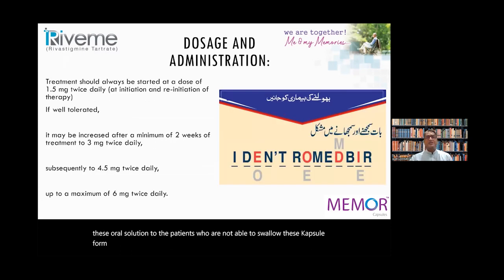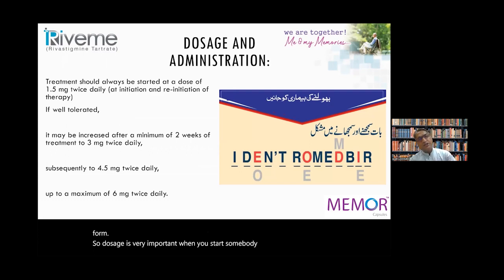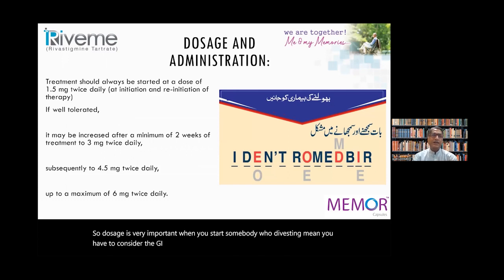So dosage is very important. When you start somebody on rivastigmine, you have to consider the GI side effects like vomiting, diarrhea, and abdominal pain. So one has to start with very low doses, 1.5 milligram initially, followed by escalating to 1.5 milligram twice per day, and then 3 milligram BD, up to 12 milligram.